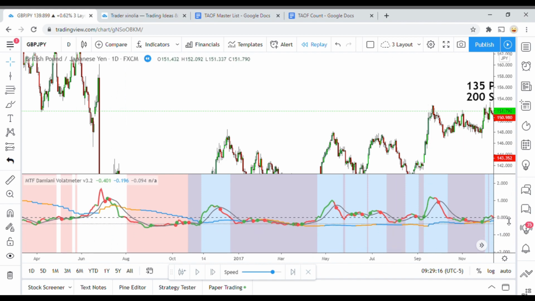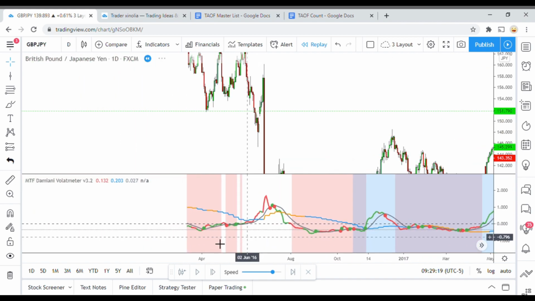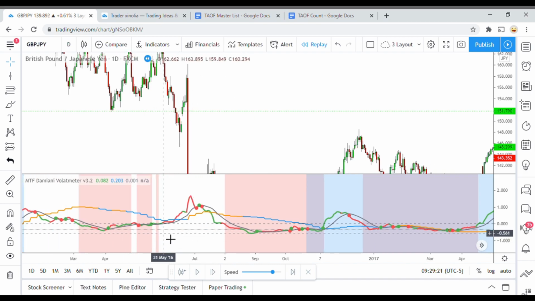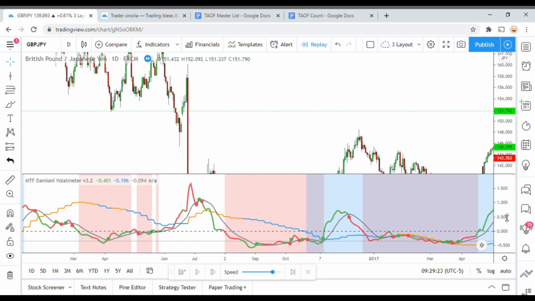Now in the last video, what we did was we were looking for only when the background was white. We would then use the oscillating red and green line to take signals only when it's above the, I guess, volume line, the volatility line.